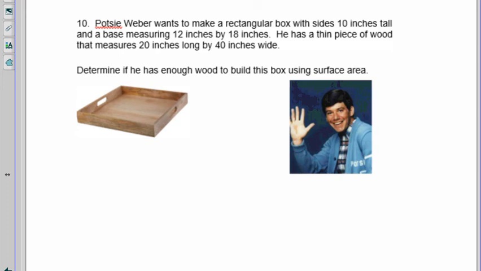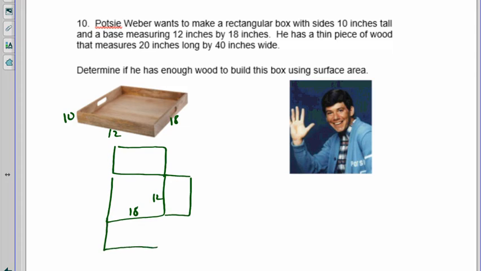So he wants to make a rectangular box with 10-inch high sides, and we want it to be a 12 by 18-inch box. So here we go. Here's my 18, 12, and all the sides are 10 inches high.